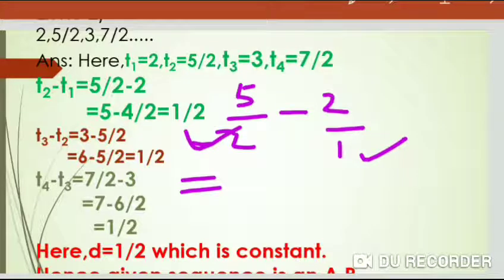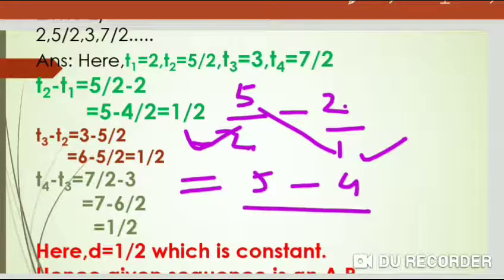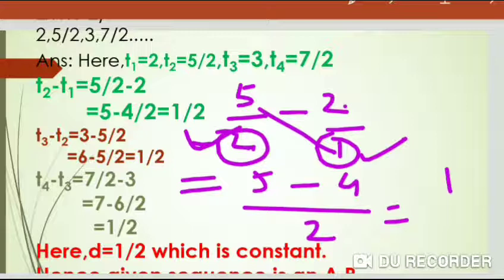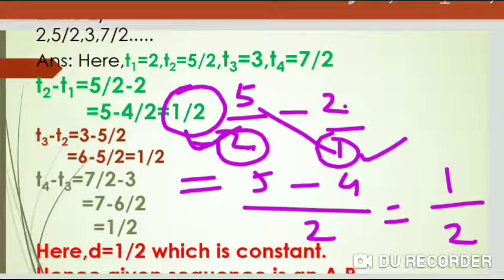They are different. Therefore, we do cross multiplication. Now see, 5 into 1, 5 minus 2 into 2, 4, upon the multiplication of the denominators 2 and 1. 2 ones are 2 and the subtraction is 1 upon 2. Understand? See here, we get the common difference is equal to 1 upon 2.